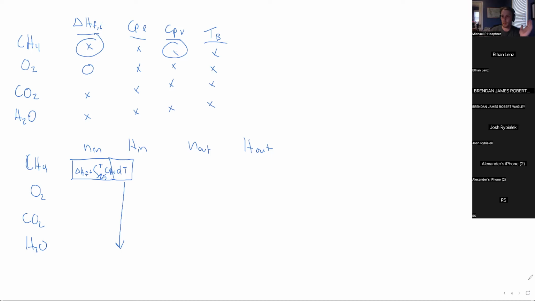Okay, so let's go through a couple of examples before we run out of time and I get too long-winded. I have one here for ammonia synthesis. So we have N2 plus 3 hydrogens going to 2 ammonias. Okay, now this is almost the formation reaction, right?